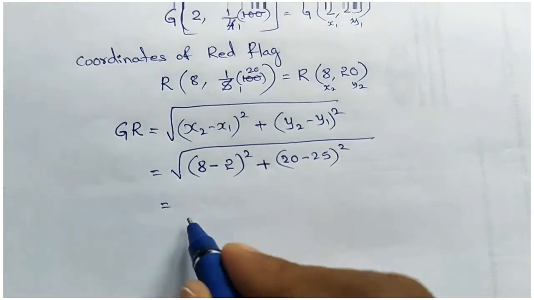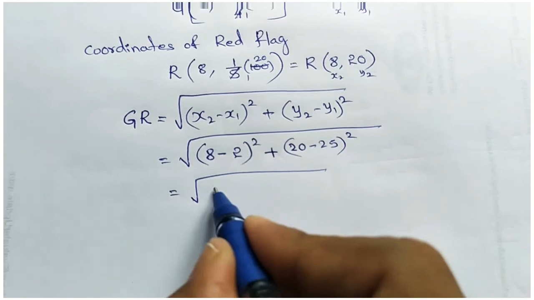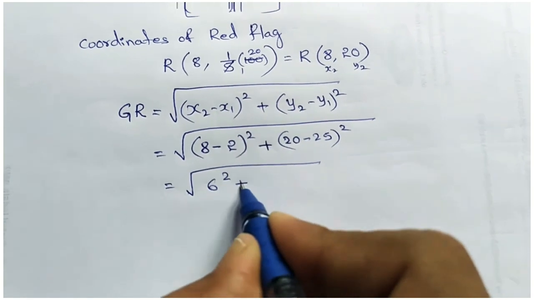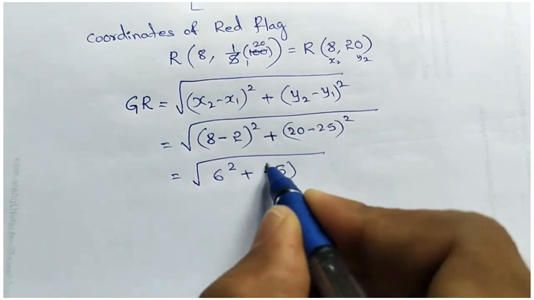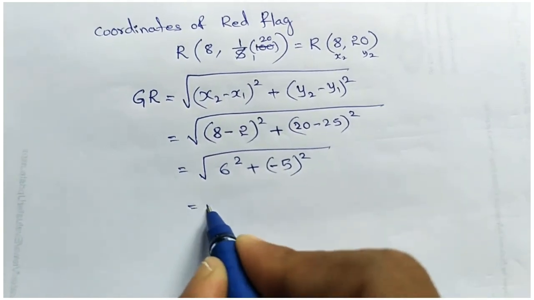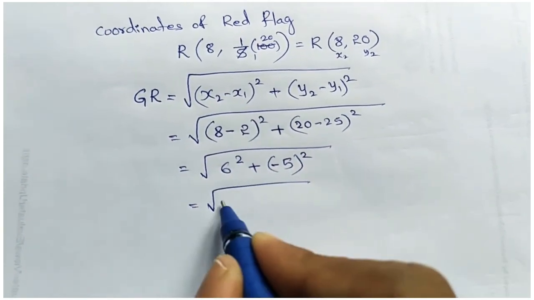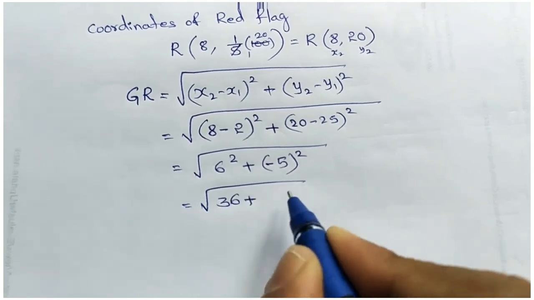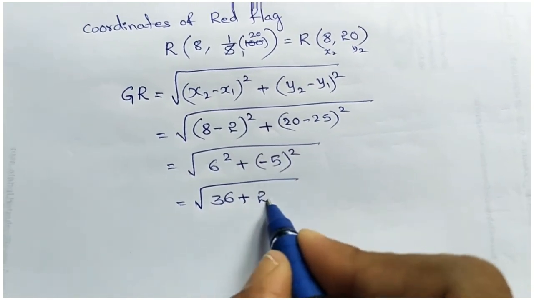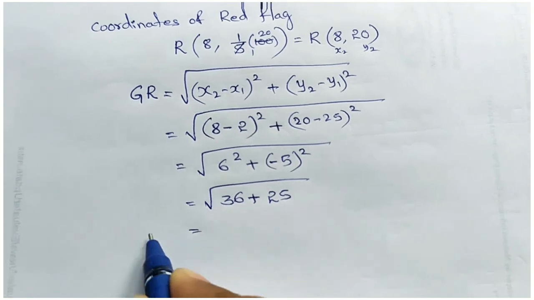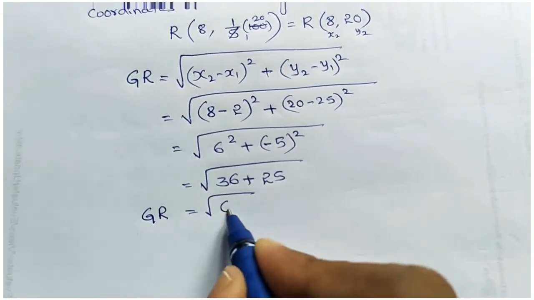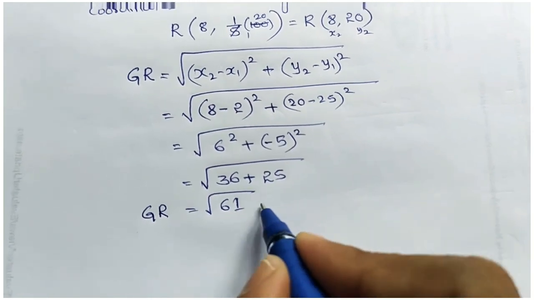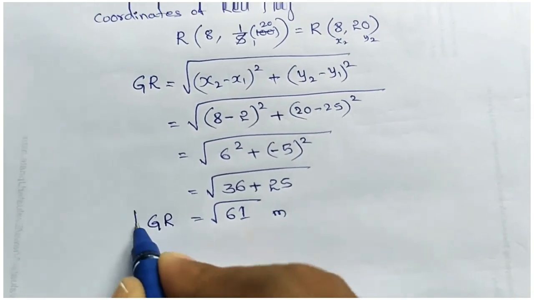How much will we get here? 8 minus 2 will be 6 square, plus 20 minus 25 will be minus 5 whole square. So here we will get 6 square means 36 plus minus 5 square is 25. So the distance between those two flags is root 61. Okay, root 61 meters.